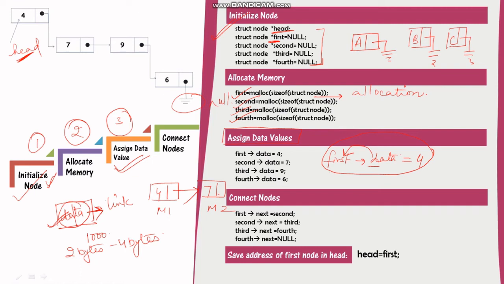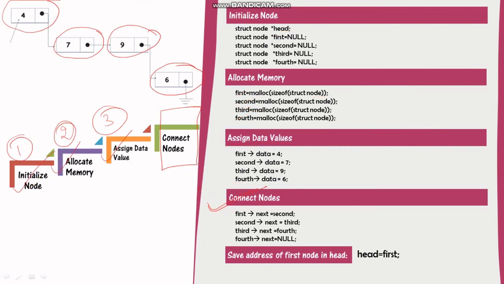Similarly for the second node, you can see the second node here. Now how will we allocate 7 in this? The data part of the second node has the value of 7. If I talk about the third, the data part of the third has the value 9, and so on. So this code refers to the assigning of the values to the data.